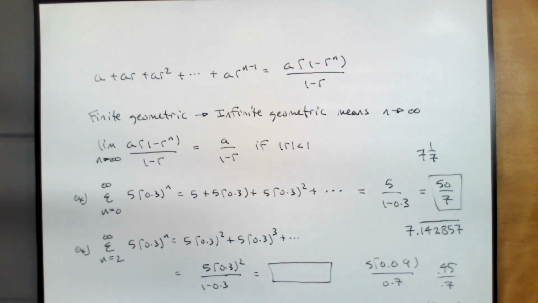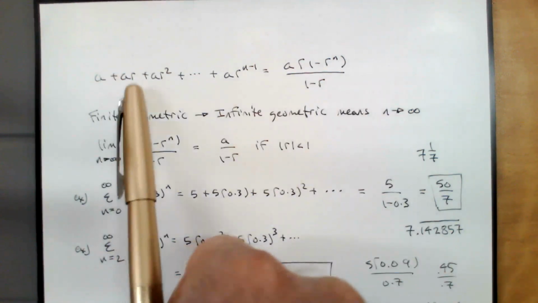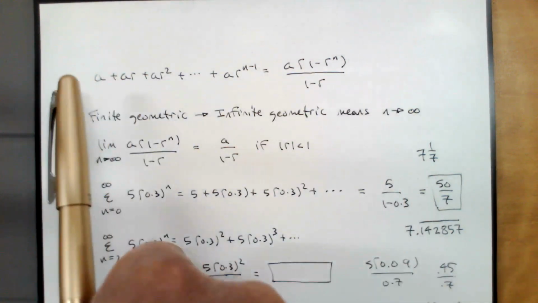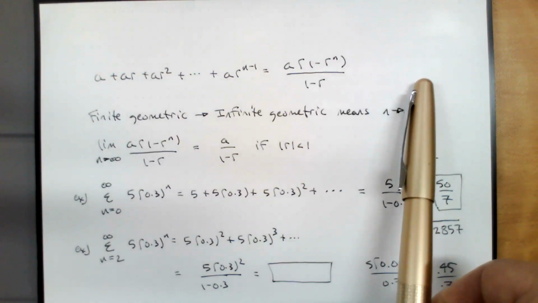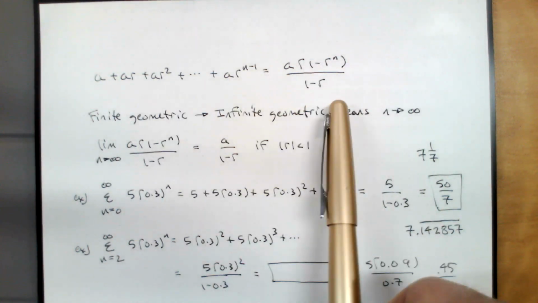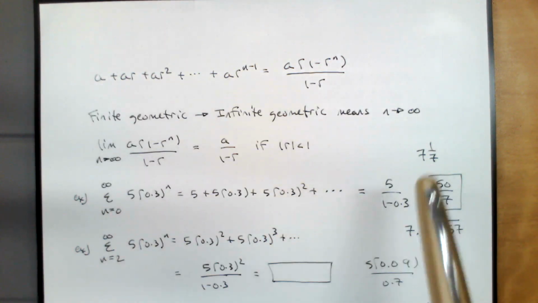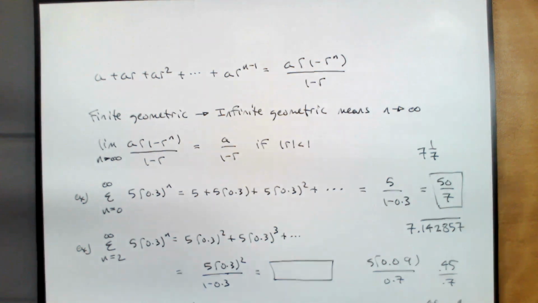So take a look at what we have up here. If I take both sides of this equation and I drop out the a, I divide everything by a, I can get that 1 minus r to the n over 1 minus r is equal to 1 plus r squared up to r to the n minus 1.